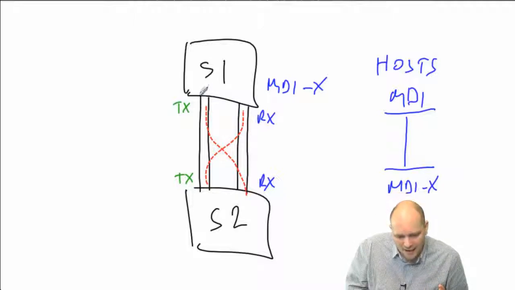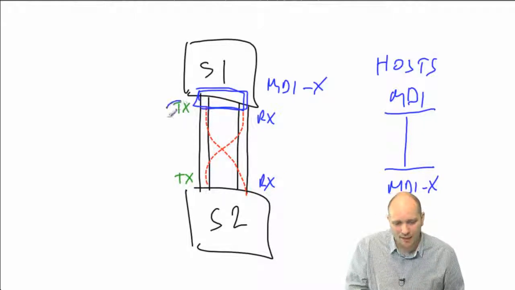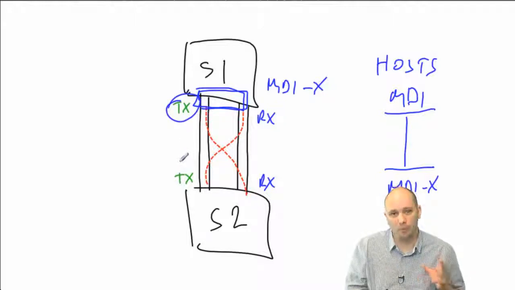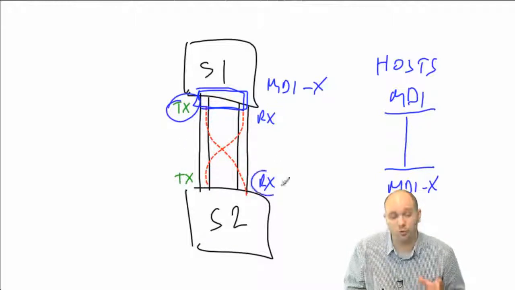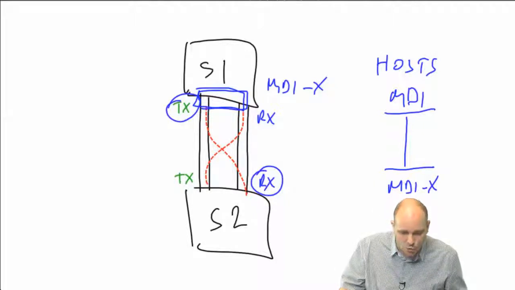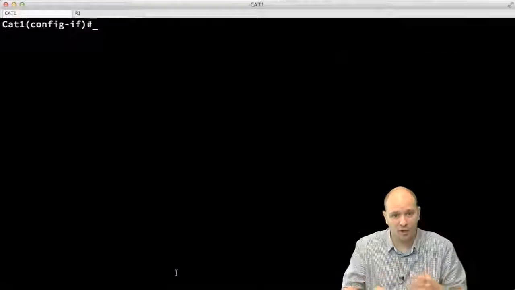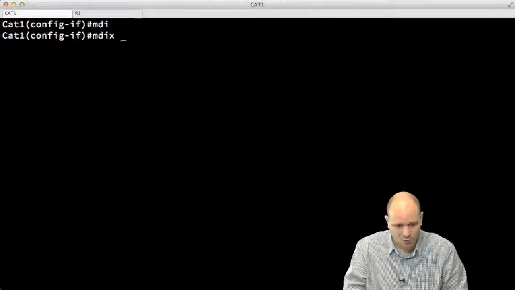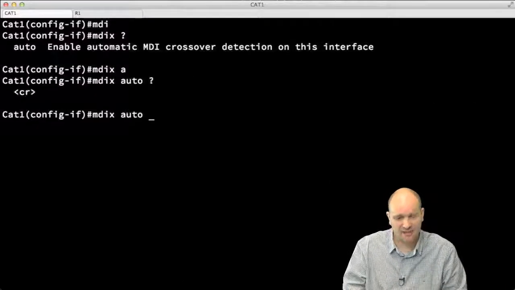This is why in most modern switches, the ports can actually dynamically determine whether they want to operate in the transmit mode or they want to operate in the receive mode. So this is something that you can actually configure on the interface, and the command is mdix auto.